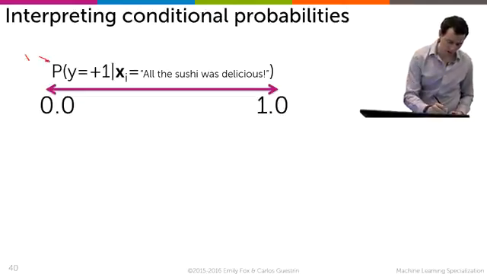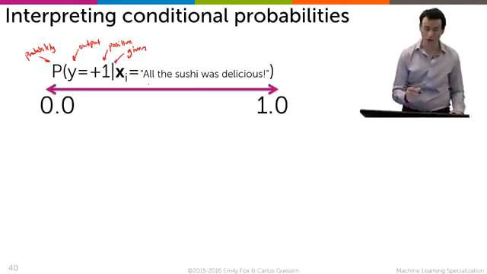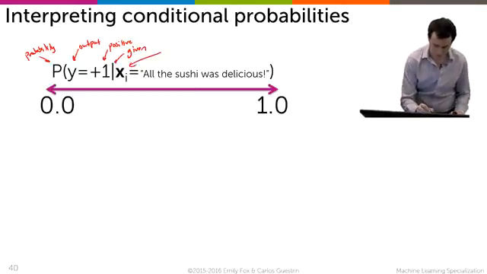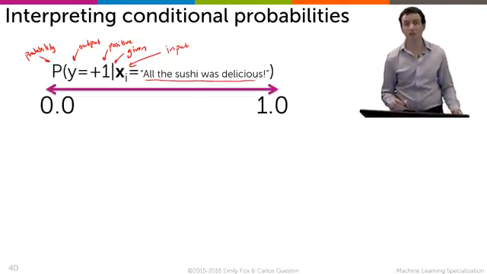So here we have the probability of the output being positive, and we use the word given. This little bar here means given or conditioned on the input, which in our case was, oh, the sushi was delicious.